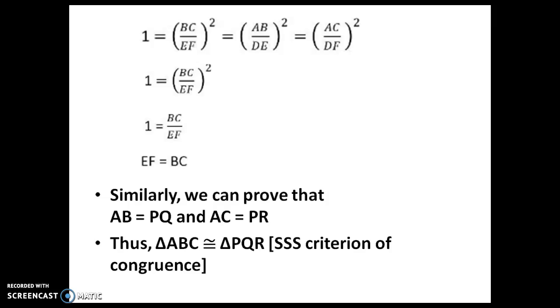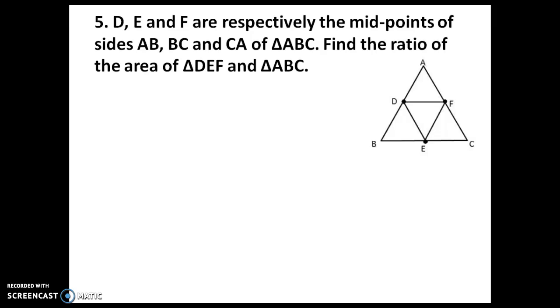Hence the proof. Next one: D, E, F are respectively the midpoints of sides AB, BC and CA of triangle ABC. Find the ratio of the area of DEF and ABC. ABC is the full triangle, DEF is the inside upside-down triangle.